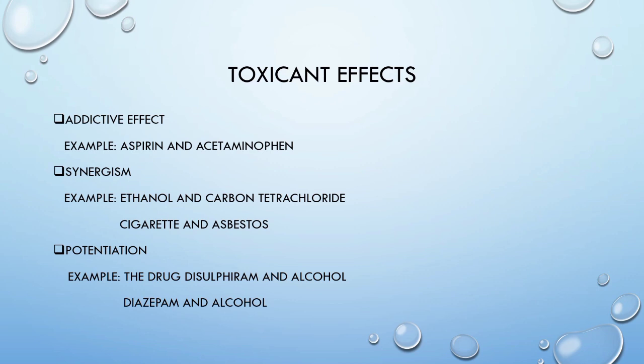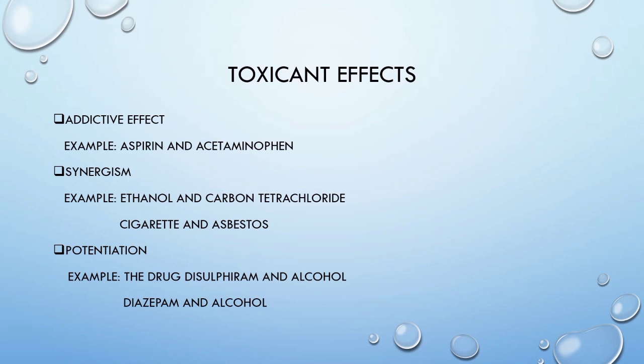Then potentiation. Potentiation is when one chemical increases or influences the toxic effect of another chemical, most likely increasing the toxic effect. The difference between potentiation and synergism is that in potentiation, the two chemicals involved have different toxic effects. One may be affecting the kidney and one may be affecting the liver.